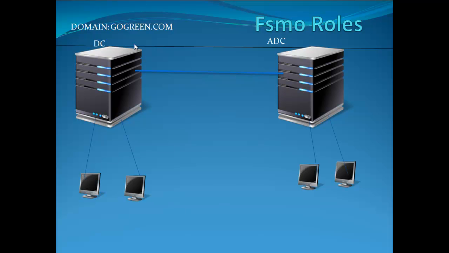These 5 roles reside inside a DC, and for those roles only the DC is an active domain controller and the ADC is in an inactive state. For authentication, the ADC and DC are both active, but for the operation roles, like operation master, only the DC is active. Right now our domain controller is the operation master and the ADC is not.